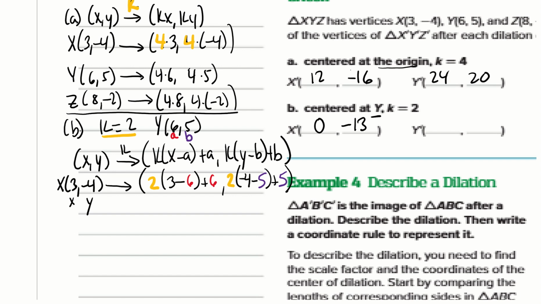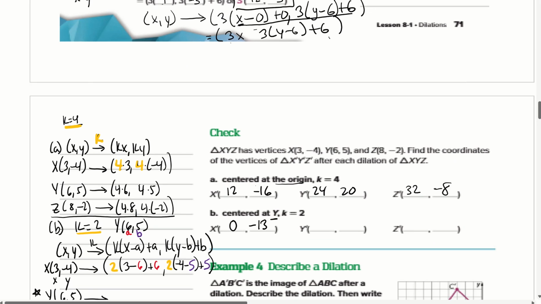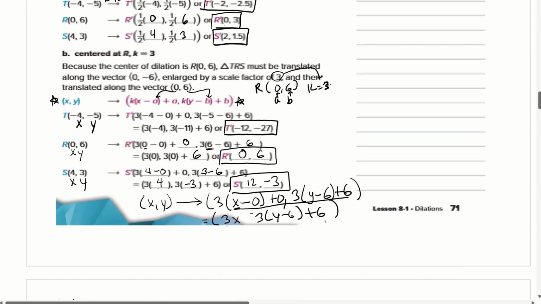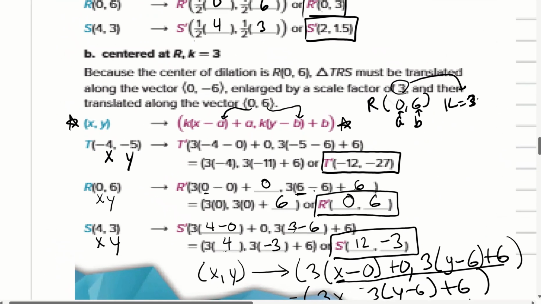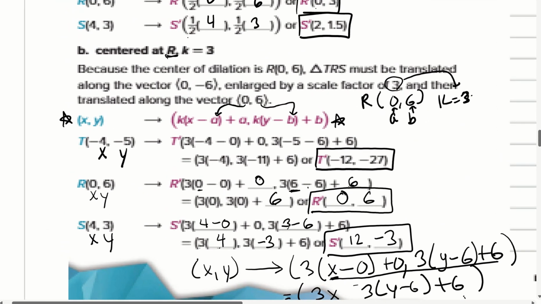All right, so let's do Y, and then we'll finish off with X. So Y is 6, 5. Now here's the trick. Since Y is our center of dilation, is it really going to change? If you can use the formula and plug it in, however, you can save yourself some work. If you go back here, when we had R as our center of dilation, notice that the coordinates for R did not change, 0, 6.